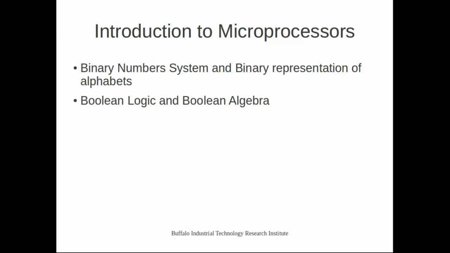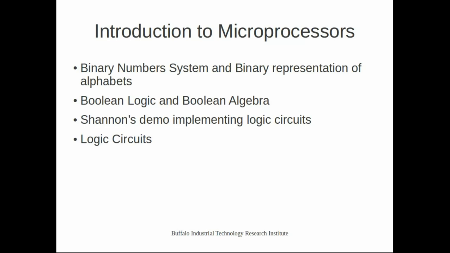The invention of Boolean logic by George Boole and the later development of Boolean algebra as a branch of mathematics, and Shannon's demo implementing Boolean algebra and binary arithmetic using electronic switches and relays led to the development of logic circuits. Logic circuits carry out most of the internal operations of a modern computer.